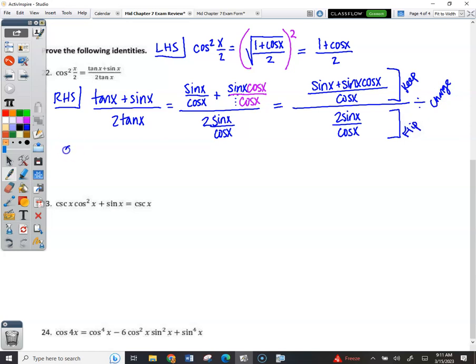So keep, change, flip, then I can see that cosine cancels.